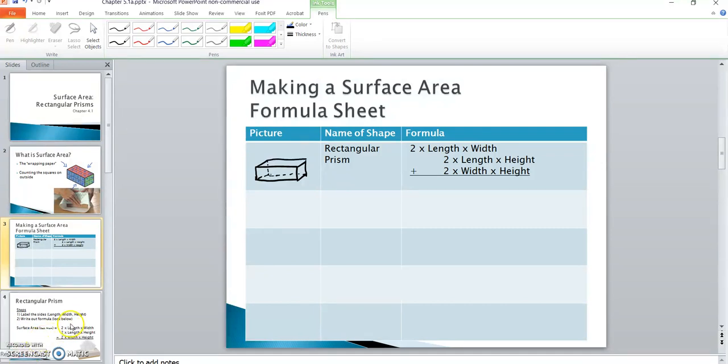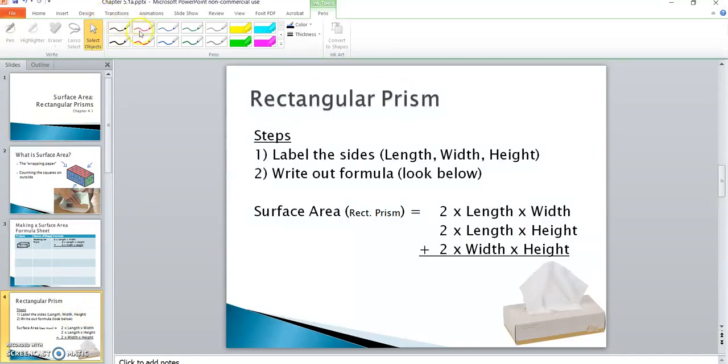Alright, so now that you've made this formula sheet, I'm going to tell you how to use it. So the very first step in finding the surface area for a rectangular prism is to label the sides: the length, the width, and the height.